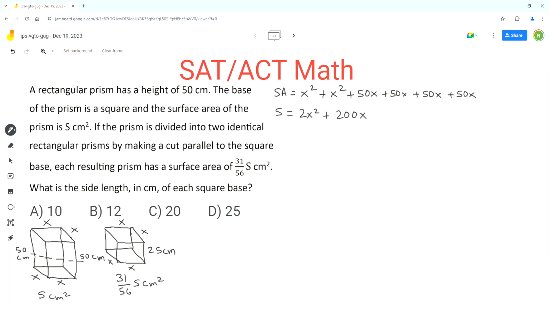Now we can write the surface area equation for the smaller prism. This prism has 6 surfaces. The base is a square whose side length is x, so its area is x squared. The area of the top surface is also x squared. The area of the four vertical surfaces is equal to 25x because for each vertical surface the length is x and the width is 25.